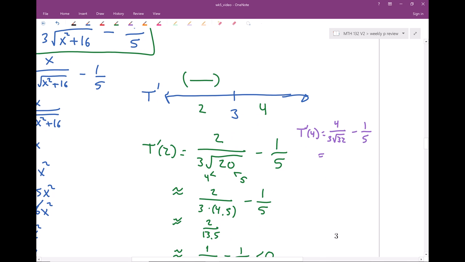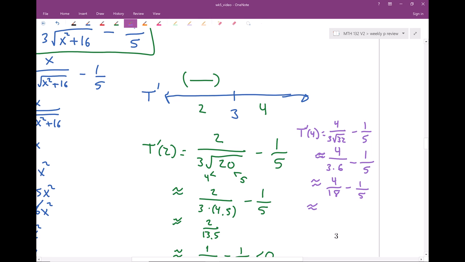Okay, so again, this one we're going to approximate here. I'm going to say the square root of 32 is around the square root of 36. The square root of 36 would be 6. So I'm going to have 4 divided by 3 times 6 minus 1/5. And so this is going to be close to, let's see, 6 times 3 is 18, so 4/18 minus 1/5.